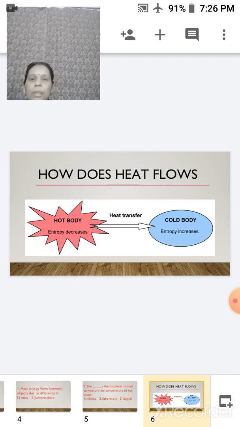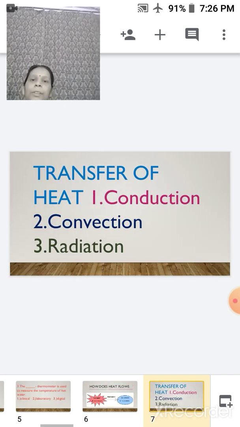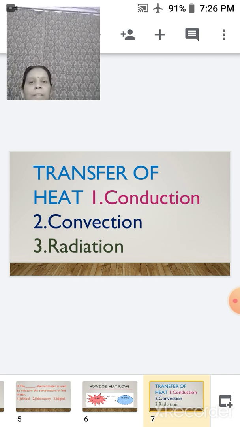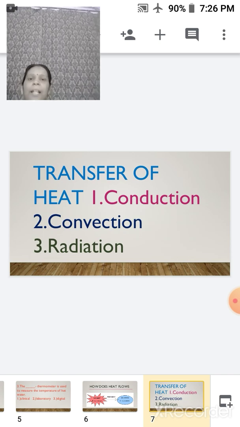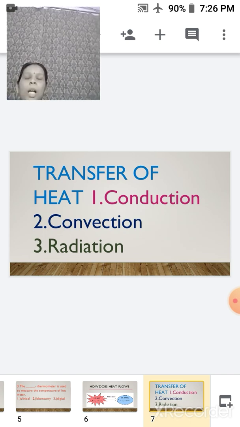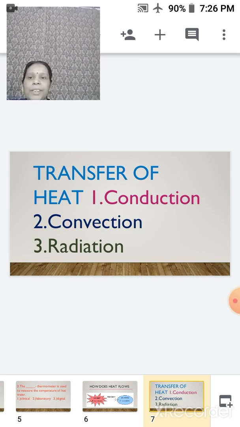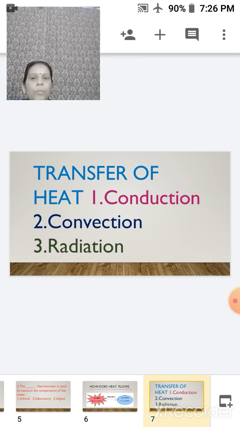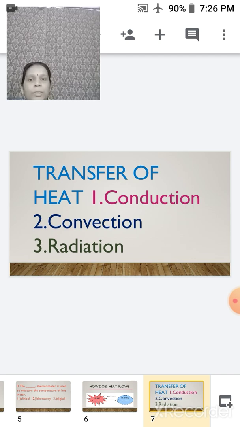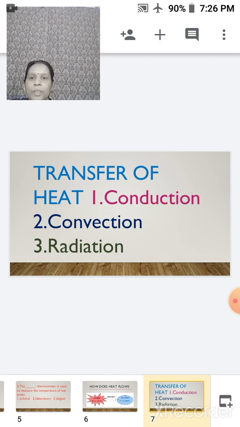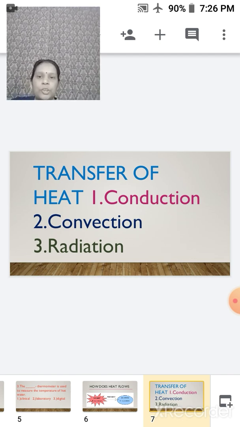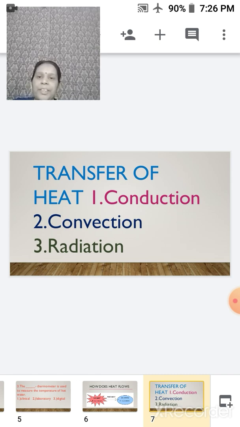Here we will start with the three modes of the transfer of heat, which we will discuss one by one, and I will explain how this transfer of heat takes place in these three different processes. Among the three processes, number one is conduction, number two convection, and number three radiation.